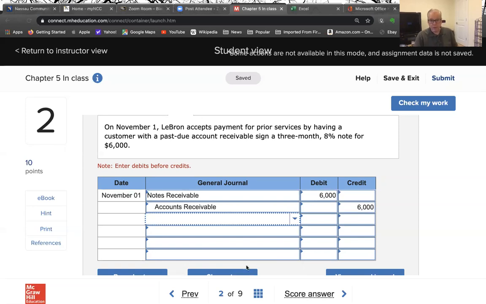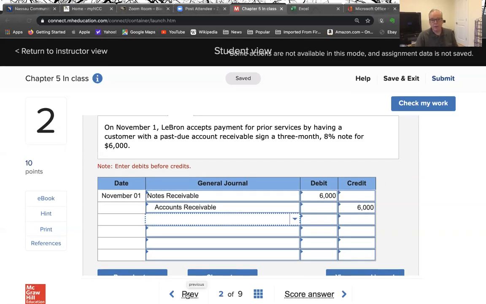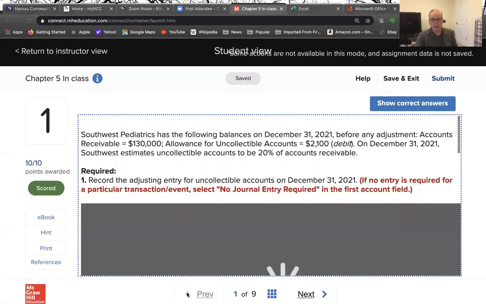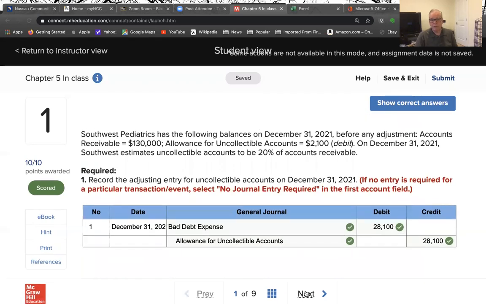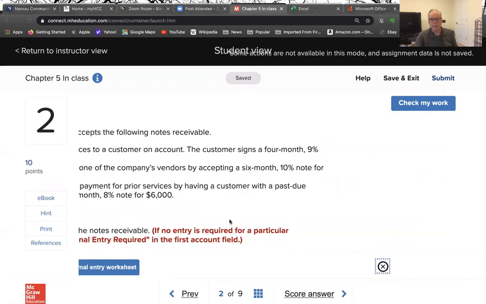Right? So what are the 3 different ways you can have notes receivable? Well, one way is in the normal course of doing business, right? The customer buys something from me, and instead of debiting accounts receivable, I debit notes receivable. Why would you do that? Because maybe the transaction is unusual. Maybe the customer wants to buy more stuff from you than they normally buy, so you want to give them more time to pay you. What's the second way you get notes receivable? You act like a bank.